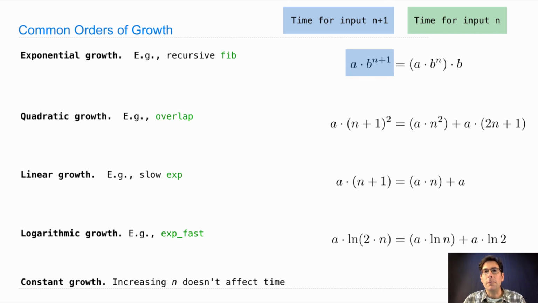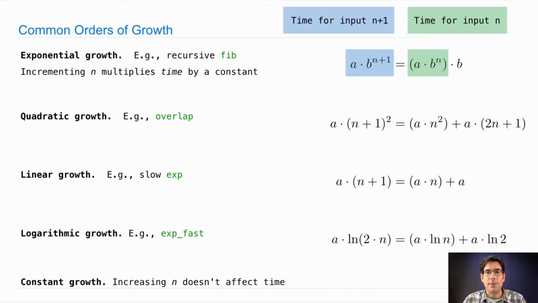So for exponential growth, the amount of time it takes to compute the result for an input of size n plus 1 is something like a times b to the n plus 1, which, compared to the time it takes for an input of size n, requires an additional multiplicative factor of b. So that's the key characteristic of exponential growth. Incrementing the input size n multiplies the time by some constant. The bigger the constant, the worse this is, but basically for any constant, it's pretty bad.